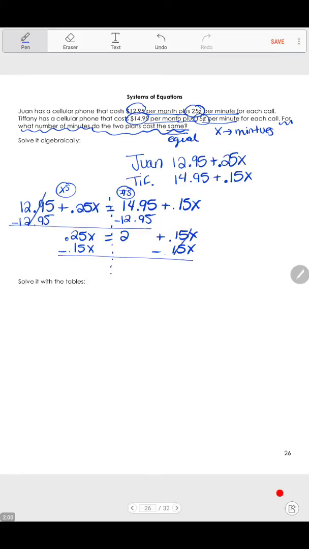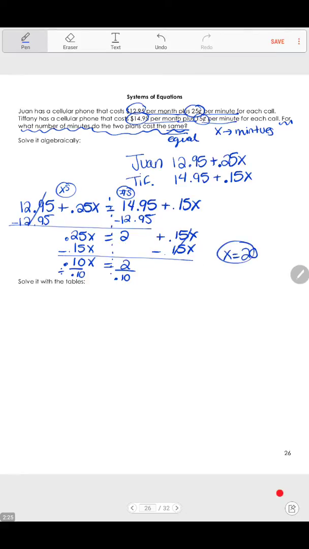And that's going to get me 0.10 equals. And last step, division. And that gets me x equals 20.